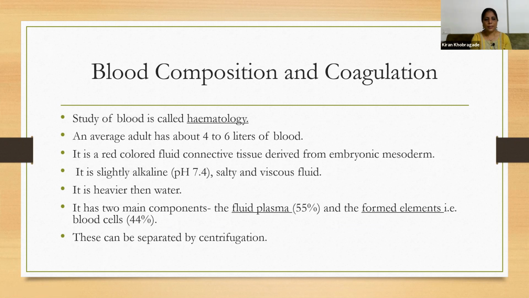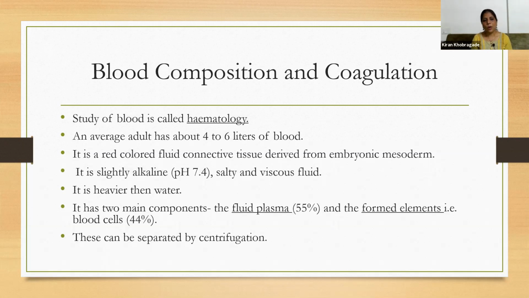Now, blood basically consists of two main components. As I said, the fluid plasma, which is 55%, and next the formed elements, that is blood cells, which is 44%. Now, these can be separated by centrifugation. What exactly is centrifugation? If you have gone to a pathological lab, you give a vial of blood, a certain ml of blood.